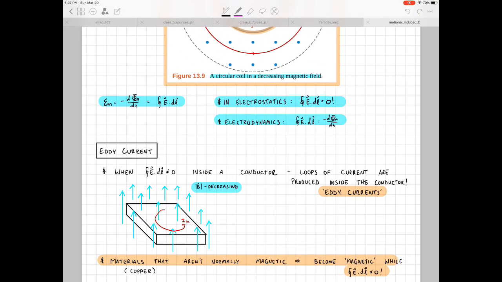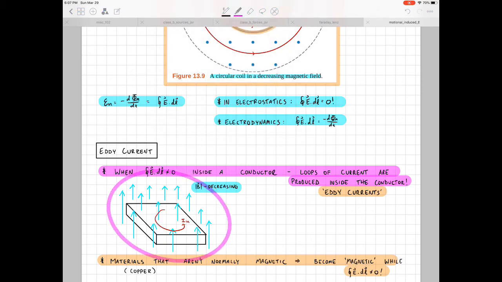Now, that brings up the idea of an eddy current. Since the path integral of E dot dl doesn't have to be 0, if you have a conductor and the B field is changing in the region where there's a conductor, you will get loops of current. That's what I've got in this picture right here. I've got a B field pointing up through a conductor, but the B field is decreasing.